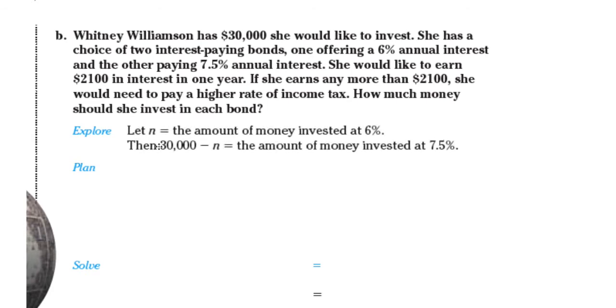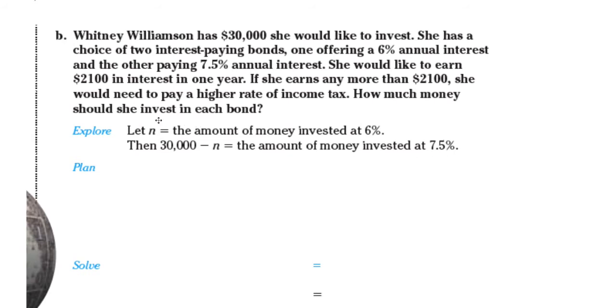So we represent N as the amount of money invested at 6%, and 30,000 minus N as the amount of money invested at 7.5%. So why is it 30,000 minus N? Because she has $30,000, and if she wants to invest part of it at the rate of 6%, that means part of it would go to 7.5%.